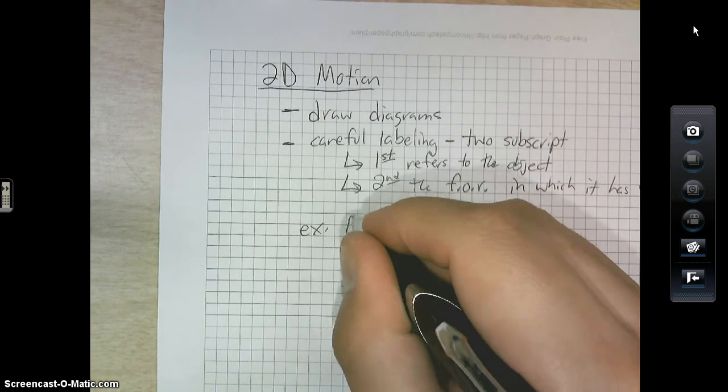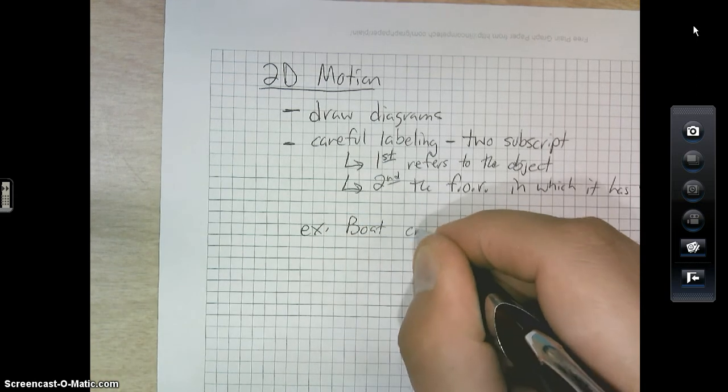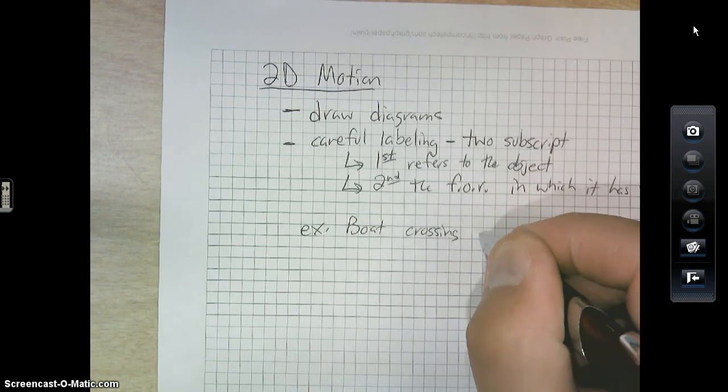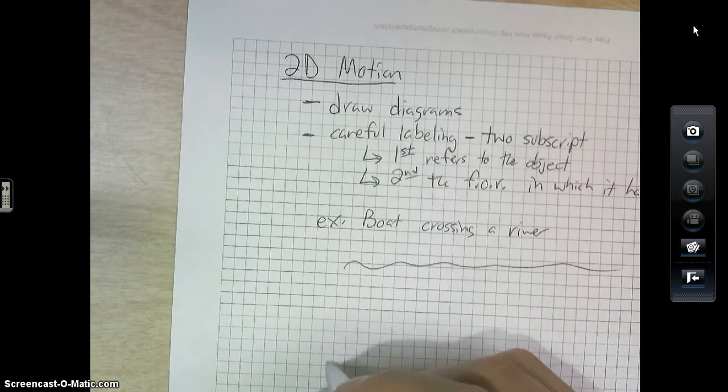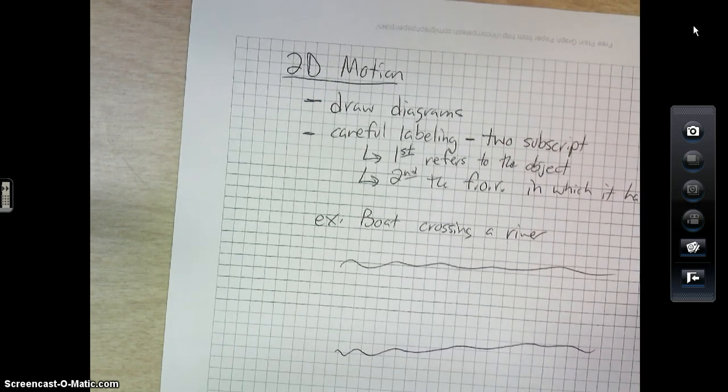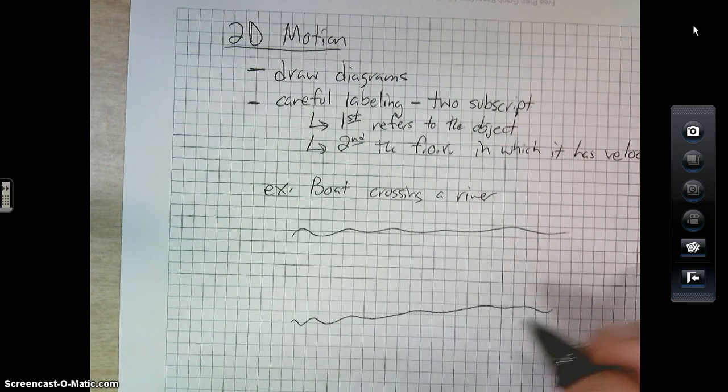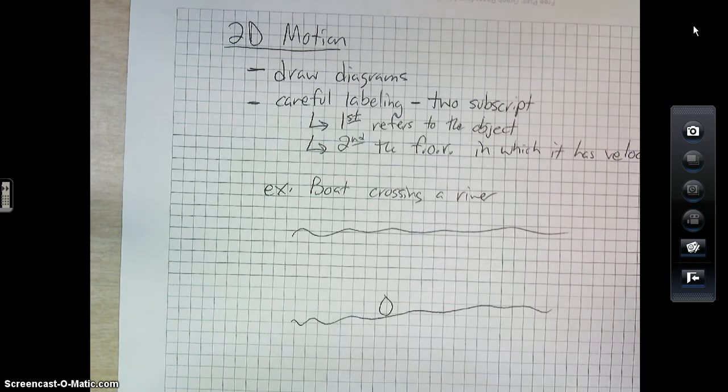So, as an example, okay, we're going to talk about a boat crossing a river. So here's my river. Okay. Let's say that the boat can travel at 10 meters per second in still water.